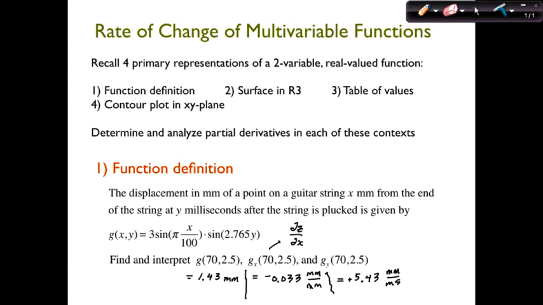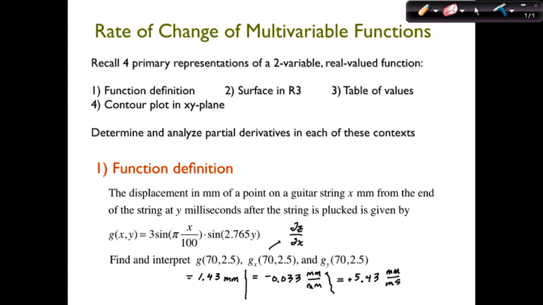Okay. A lot of good stuff in there. Somebody else? Jose, same one. What does negative 0.033 millimeters per millimeter mean? It means that if you go further down the string, you'll be moving closer to where the string is at rest. And if you move backwards along the string, you'll be moving farther away. And if you move further down the string, how much will the displacement change? At that instant, it's changing 0.033 millimeters per millimeter you move on the string.